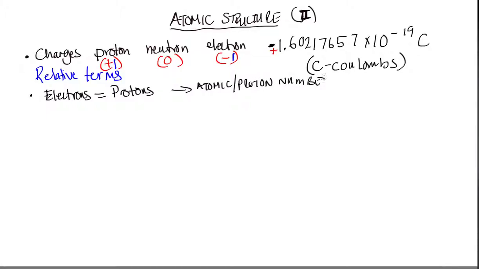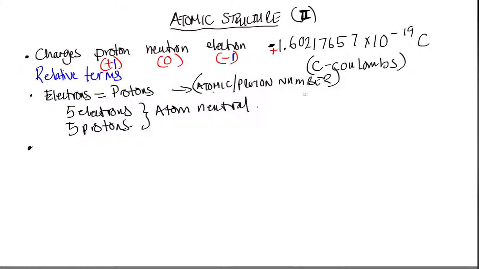So the atomic or proton number is also equal to the number of electrons. Say if there are 5 electrons in an atom, then there are also 5 protons. And this makes the atom neutral.